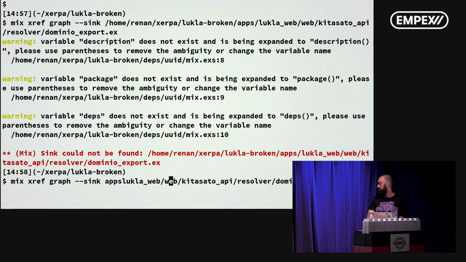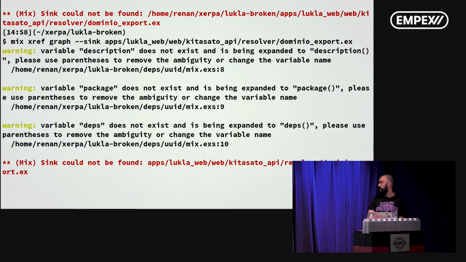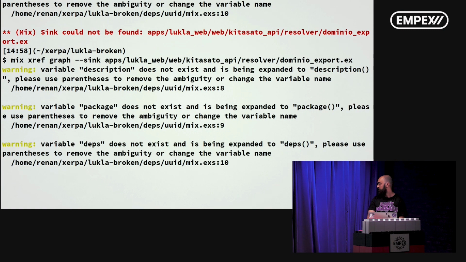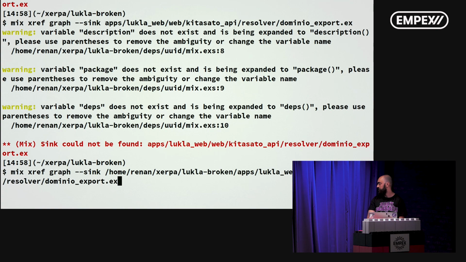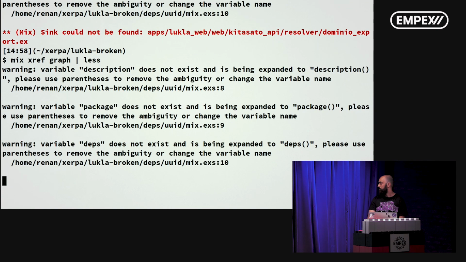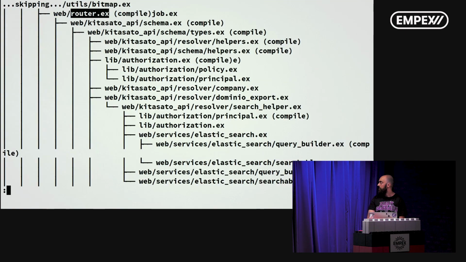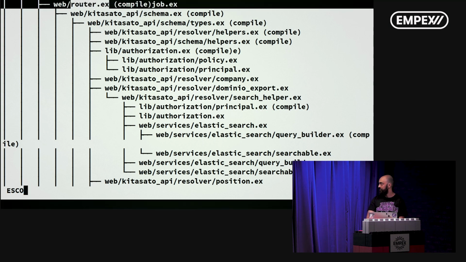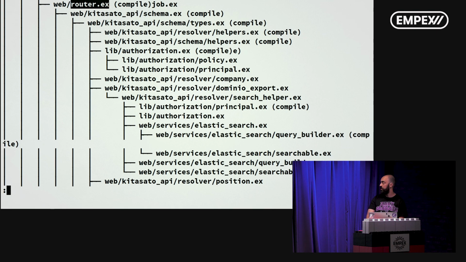It should show us, oh, come on, please. Well, I know where that is, but I wanted to show you how to find it. So let's go to the villain itself. See, this is the big cycle, and it begins with the router. But the router is depending at compile time on the second line, the schema.ex file. And that shouldn't happen.